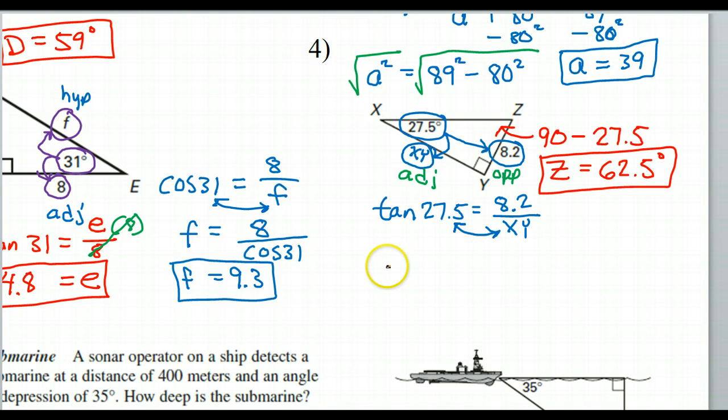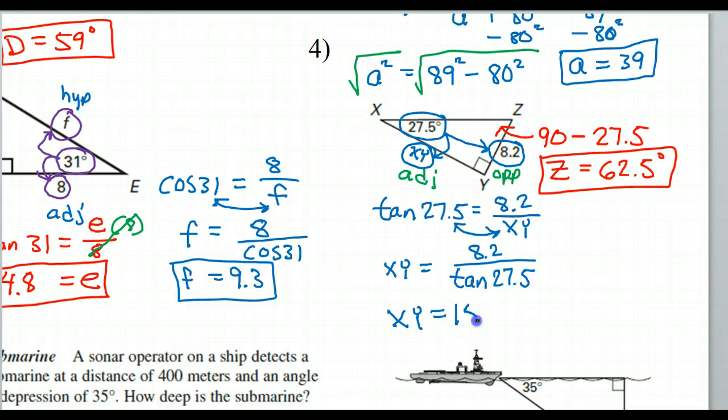So that's going to give me that side XY is equal to 8.2 over tangent 27.5. And I can just put that in my calculator, and that is 15.8. So that is side XY.